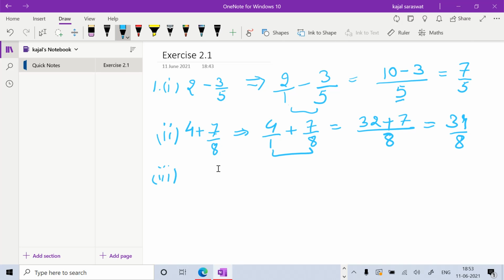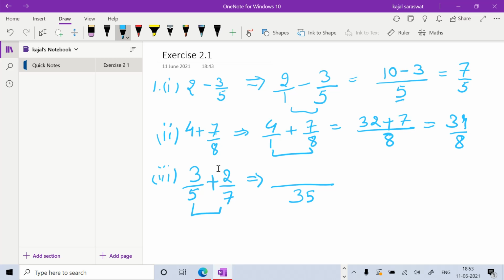Now come to the third question. The third question is 3 upon 5 plus 2 upon 7. Now we have to take the LCM of 5 and 7, which is, as we know, both are prime numbers, so there is no common factor in between. So the LCM will be 35.